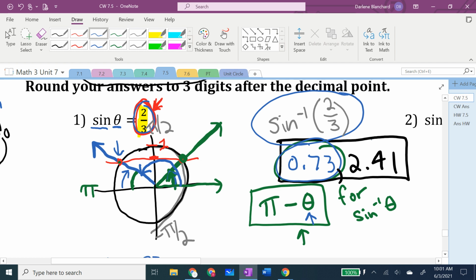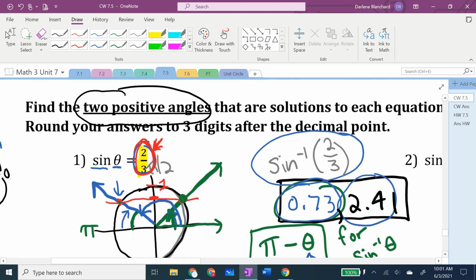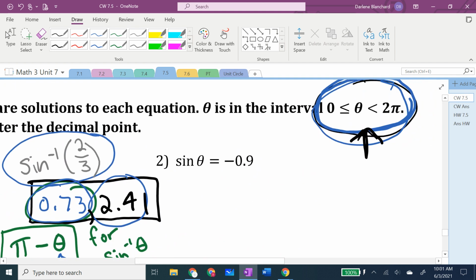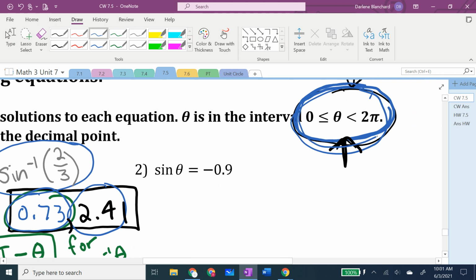And the reason I'm having you find two angles between 0 and 2 pi is because once you find the two places on the circle, all you have to do is add or subtract 2 pi any number of times to find every single possible answer to that equation.